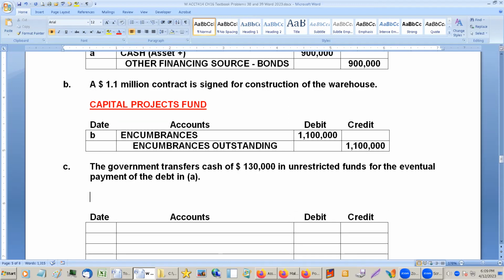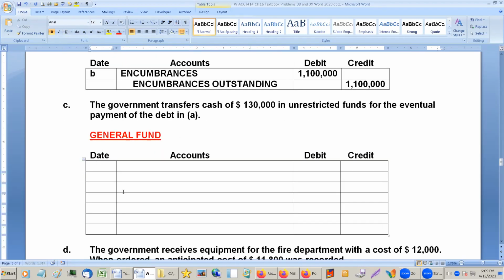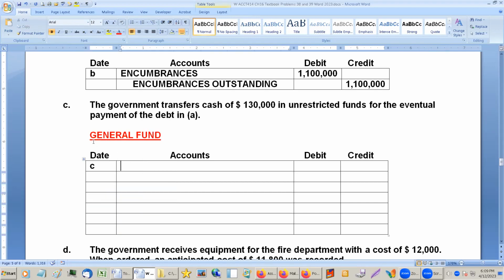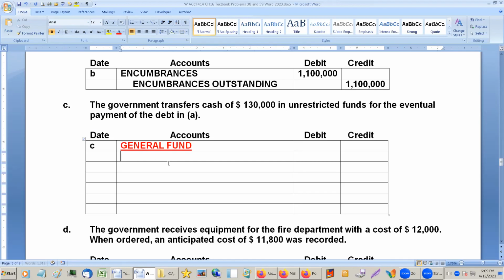So this would be in the general fund. Okay, in the general fund, what would the transaction look like?